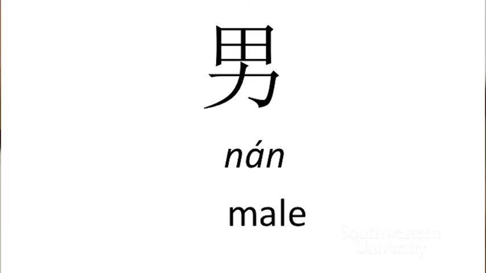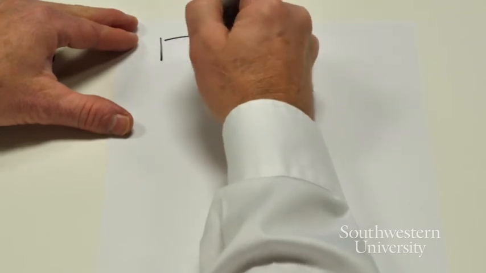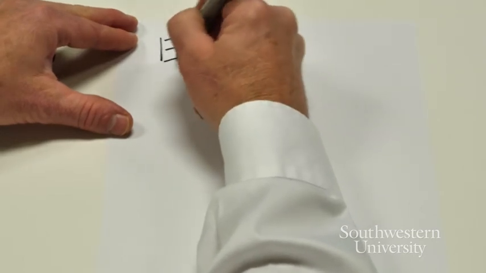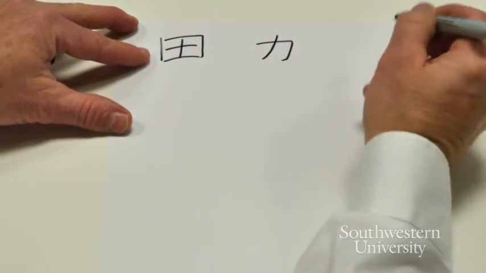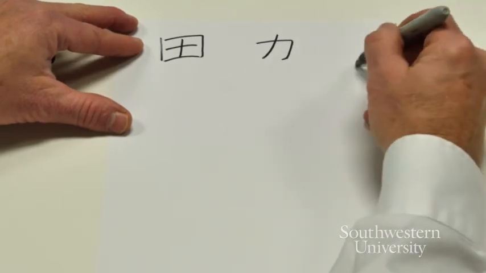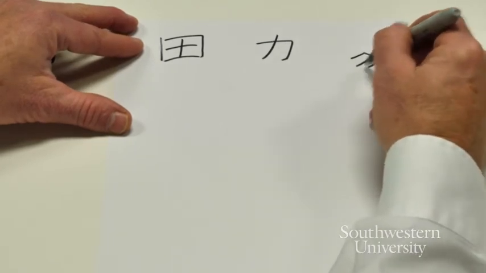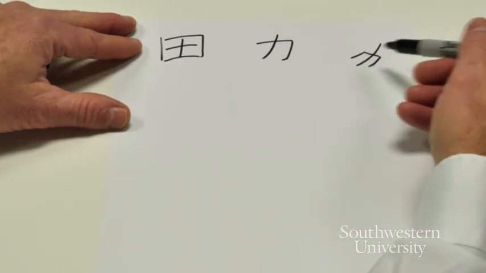The next character, male. This is composed of two components. This is a character that means field, tian, and then this character means strength or effort, li. And again, that is an ancient depiction of a hand plow or a digging stick or a hoe.